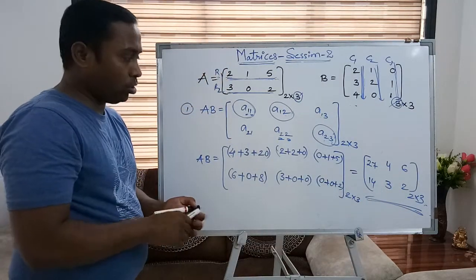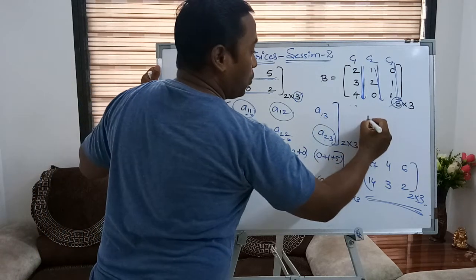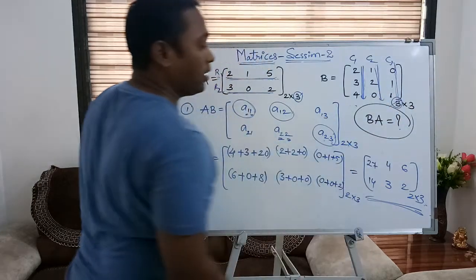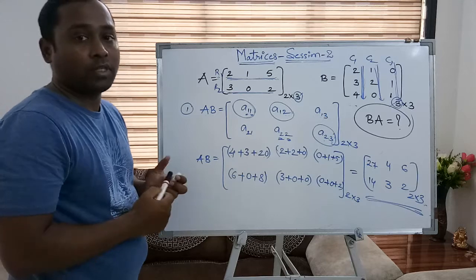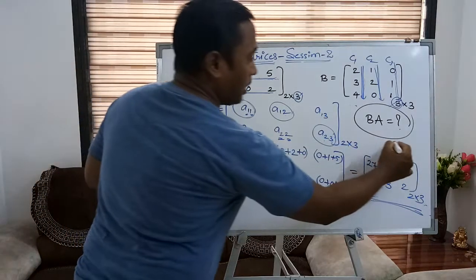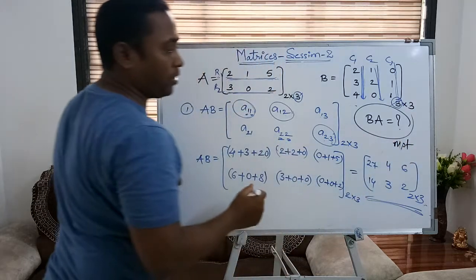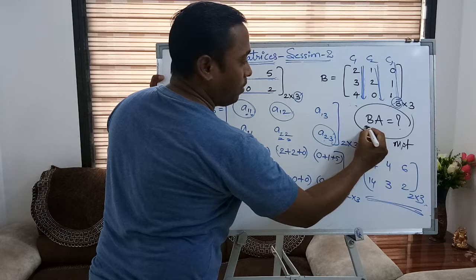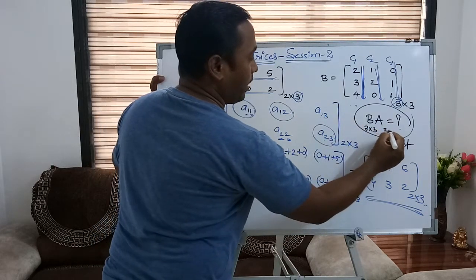In the same question, if I want to ask, is it possible to do B into A? Definitely not. The reason is we cannot do that operation, because if you write the order of B, the order of B is 3 by 3, and the order of A is 2 by 3.